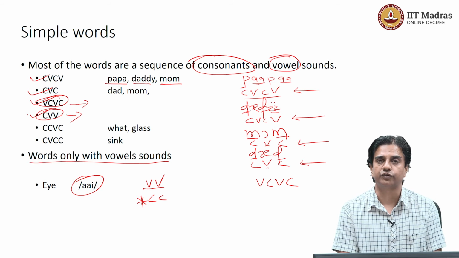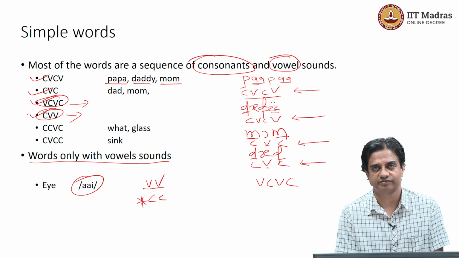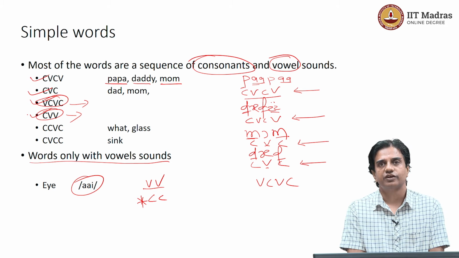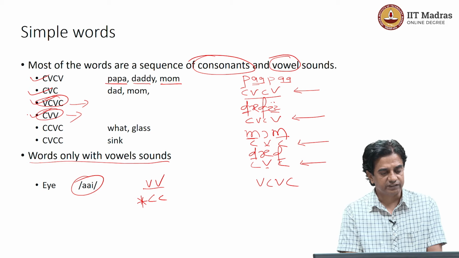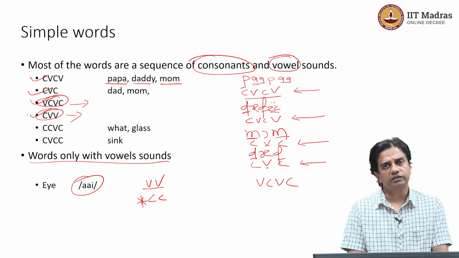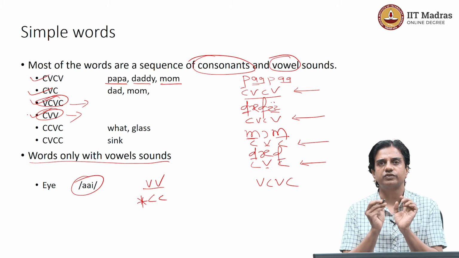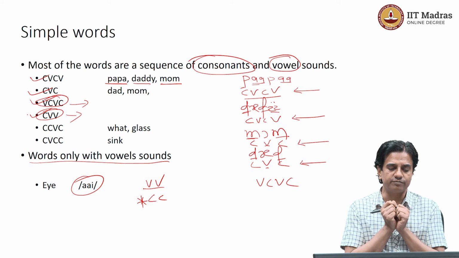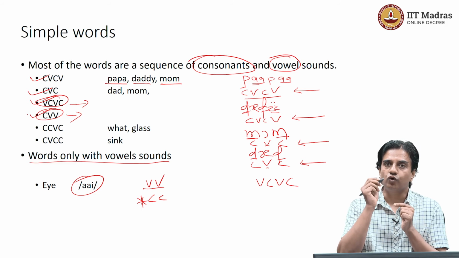And then I want to draw your attention now to what we know as a consonant cluster. We are discussing words, and we are going to discuss one more specific feature of a word, which we see in words quite often. So, a cluster is when two consonant sounds come together, and there is no vowel sound in between.